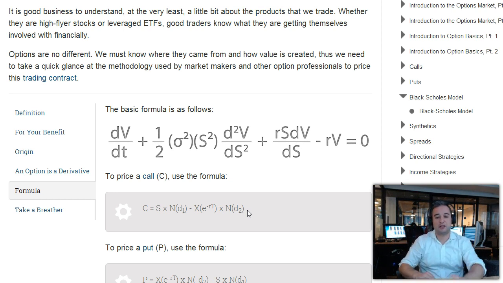And that's basically what the N(d1), N(d2) are telling you. It's a normal distribution. Right now, you might be thinking, I have no idea what he's saying, but essentially, things you need to think about are volatility in the stock, the spot price of the stock, and really how far out of the money this thing is.